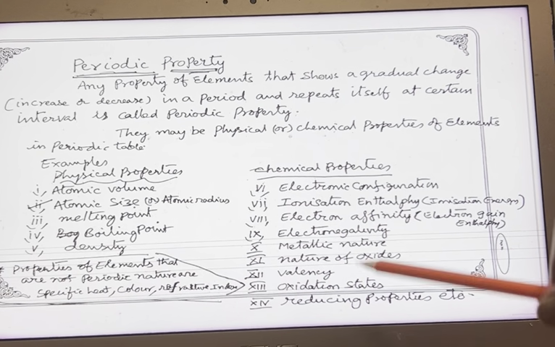These also have gradual changes in periods and groups in the long form of the periodic table.